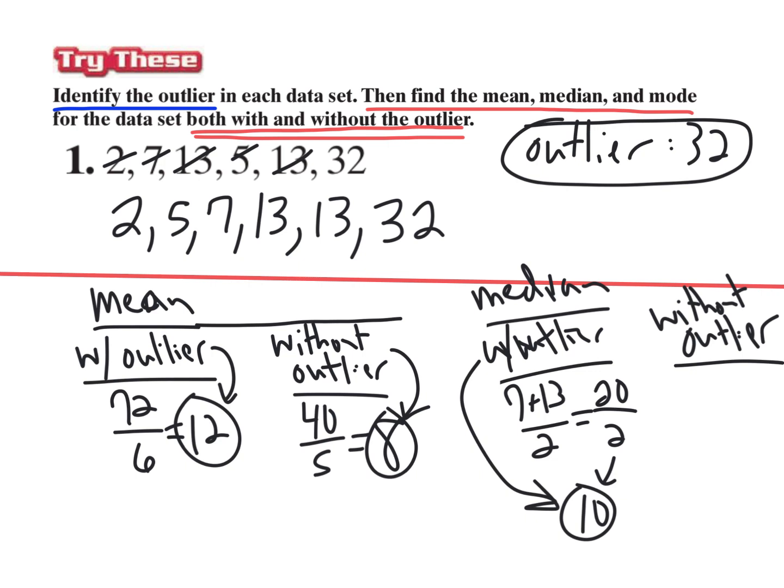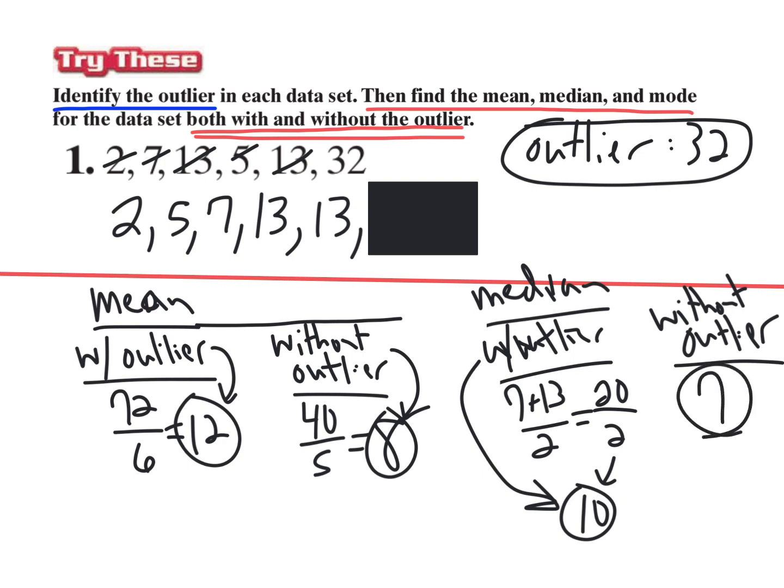Without the outlier, if we think of removing that 32, then we would only have 1 middle number, which would be 7. So without the outlier would be 7. So notice, not quite as big of a difference on the median as there was for the mean.